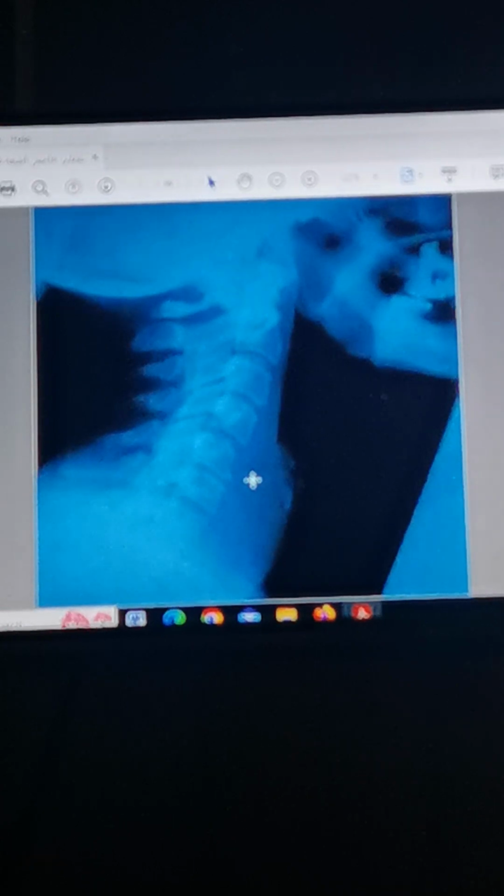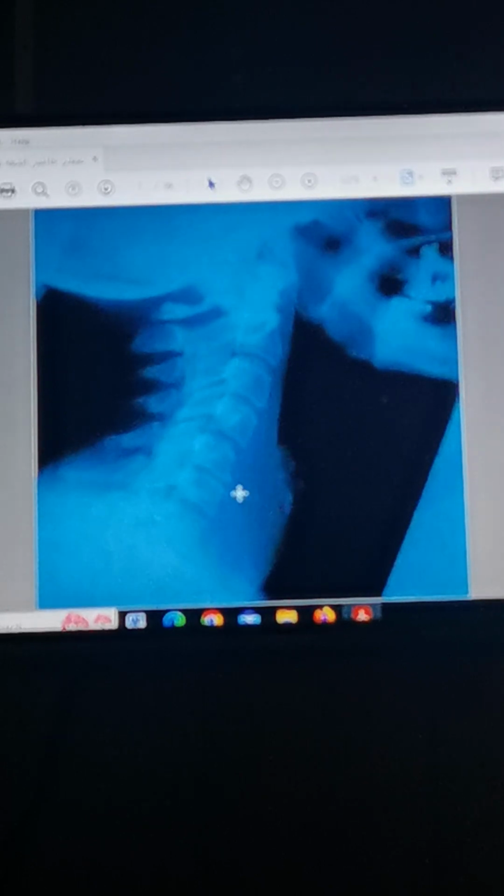Prevertebral, in front of the cervical vertebra. Normally, this prevertebral shadow should not exceed one third or half of the corresponding vertebra.